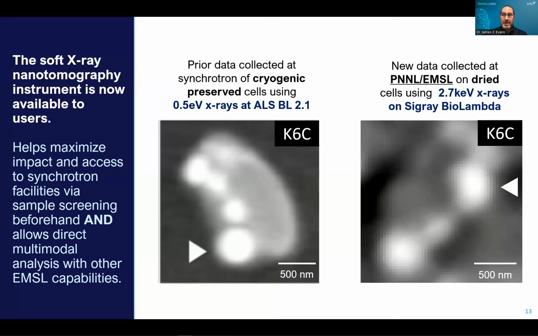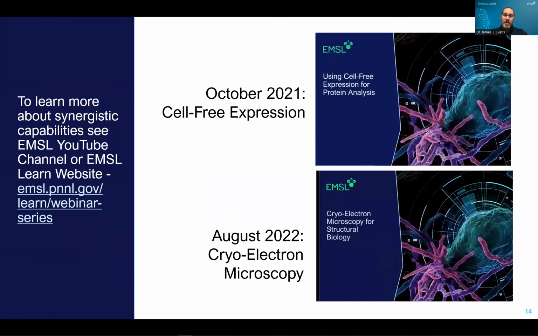With that demonstration in hand, I'm happy to announce the soft X-ray nanotomography capability is now available for EMSL users and can be used in a number of ways, especially for linking 3D ultrastructure from the nanoscale to the mesoscale for biological systems, organic polymers, environmental and particulate samples, and even energy materials. Furthermore, this system is intended to work in concert with other capabilities at EMSL to enable hierarchical tomography and imaging across scales.